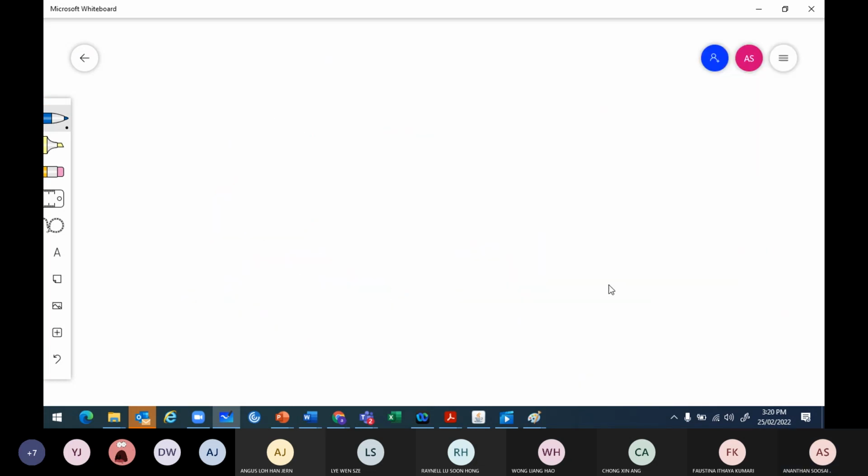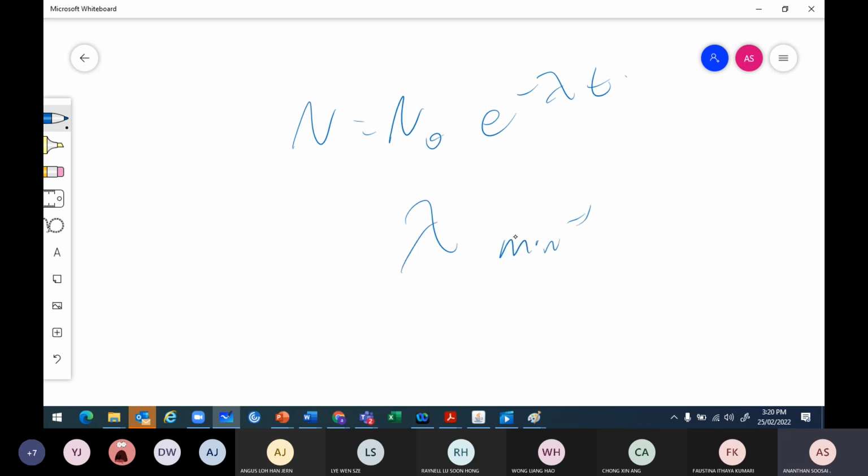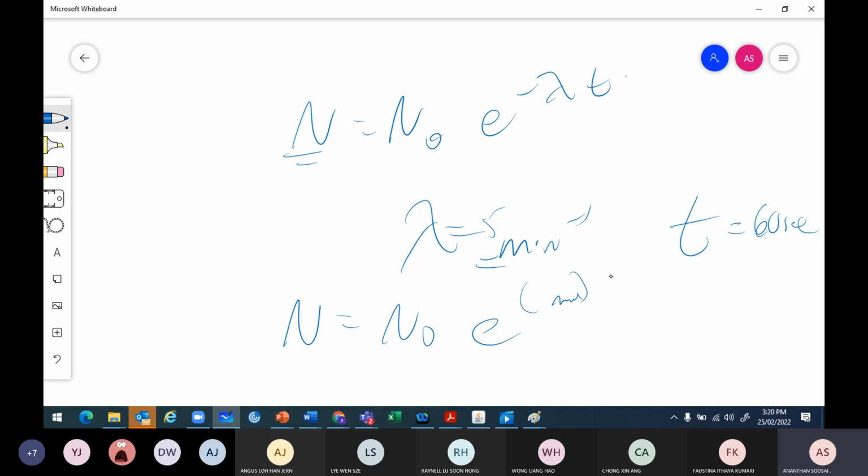So n equals n naught e negative lambda t. Lambda is given per minute, and the time you want is after 60 seconds. I'm asking what is the number of particles still remaining after 60 seconds. So you take the original n naught, and the lambda, let's say it's per minute, so the time also has to be in minutes.